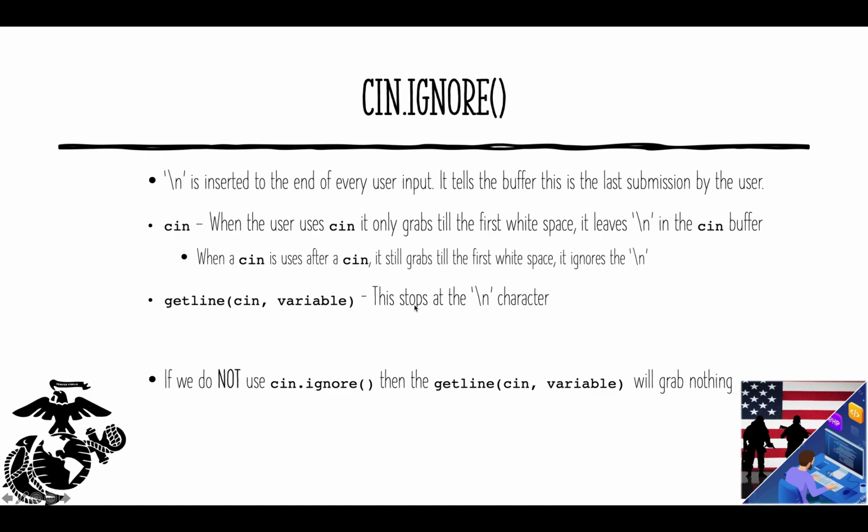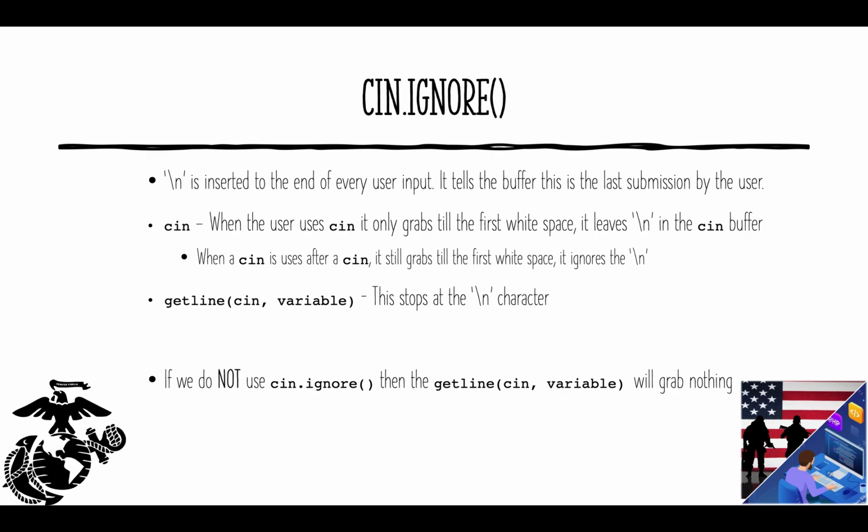So the problem is the cin feature doesn't grab it, so it's leaving it in the buffer. So when I use a cin and then a couple lines later I go and use a getline, the getline is going to grab nothing. The reason is that the very first item left in the buffer is this new line character. So you're expecting it to go and grab an entire sentence or input, whatever you want it to be, but it doesn't work that way.